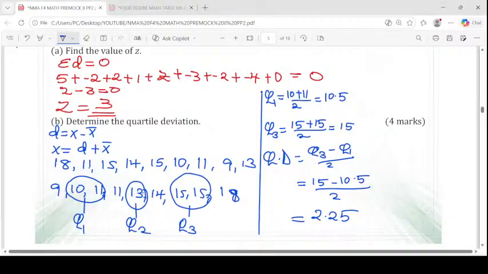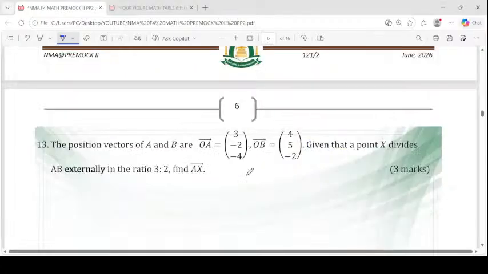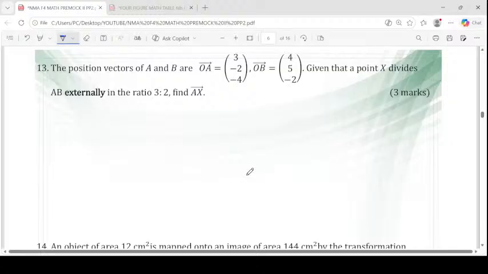Ladies and gentlemen, allow me to get to question number 13. A very interesting one. The position vectors of A and B are OA = (3, -2, -4) and OB = (4, 5, -2).